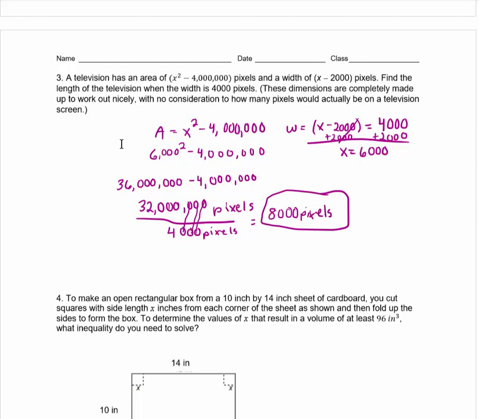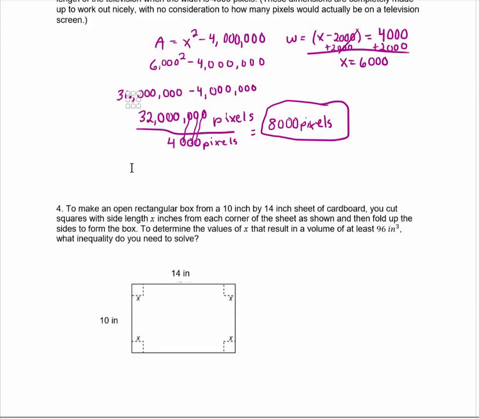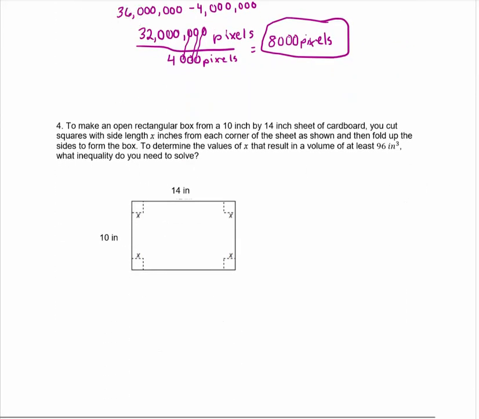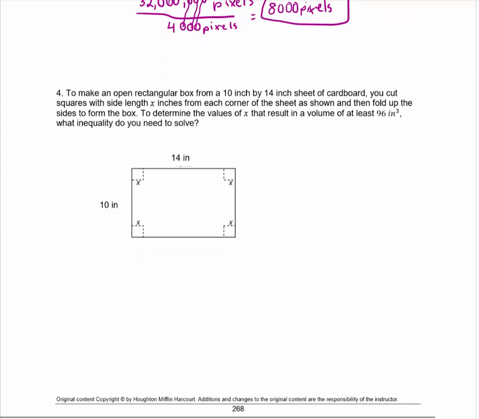Isn't that pretty awesome? All right, finally, this is a pretty classic problem that you see at multiple levels of math even. But because of our level of math, we can do different things and go farther with it.